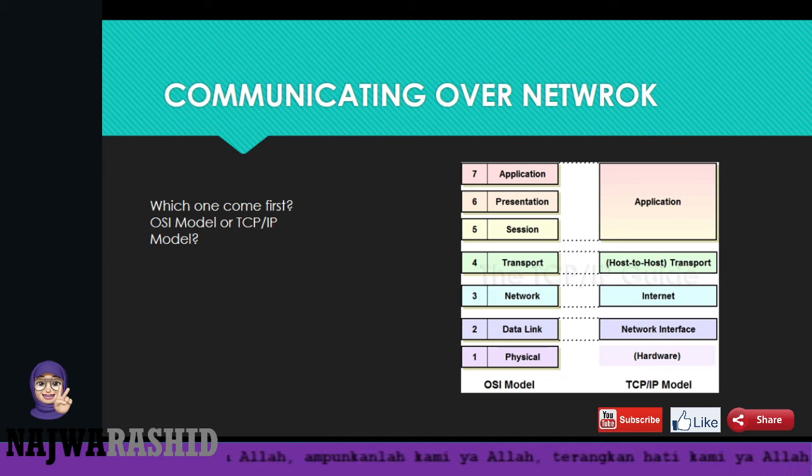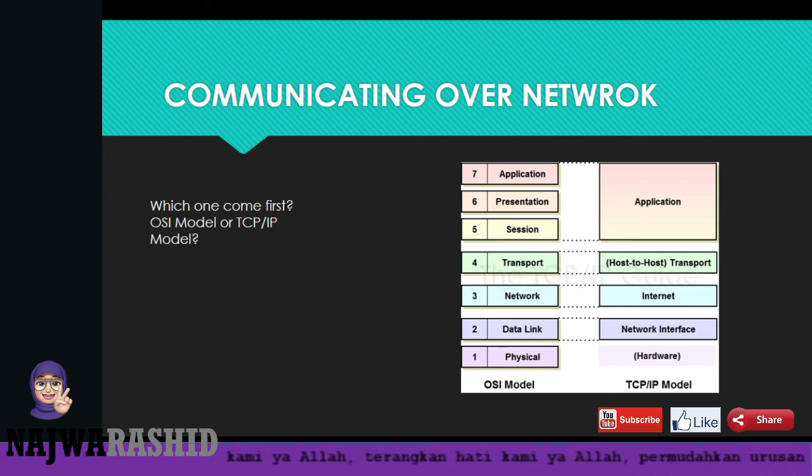The next part under TCP/IP, we have the internet layer. So this layer uses IP in order to carry data from source host to destination host, from host to host. Transport layer is from source to destination.